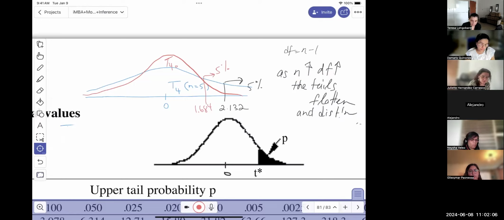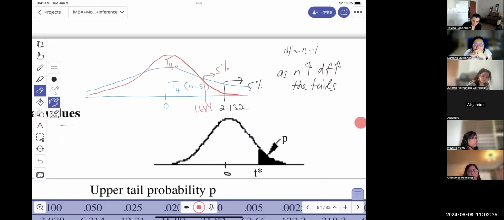The tails flatten. Okay, so it becomes more peaked. I'm going to rewrite that because I don't like what that says. I'm going to say the tails thin out, okay?